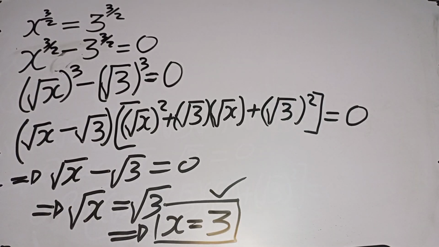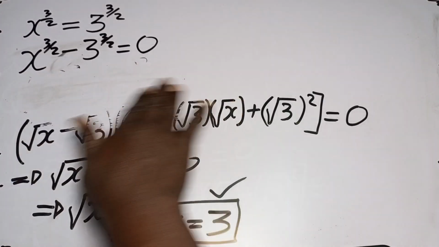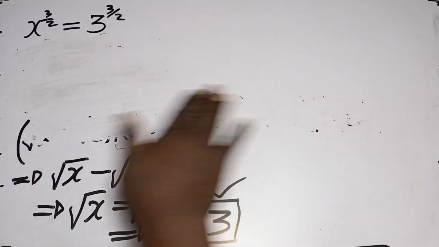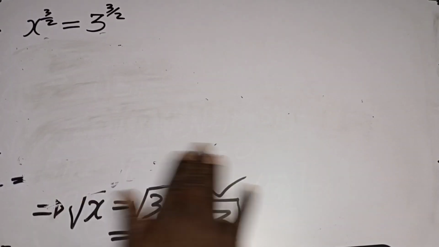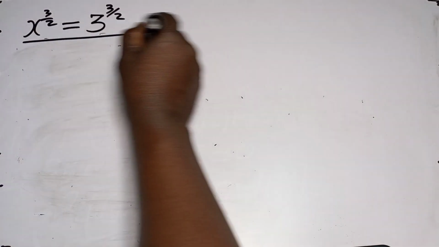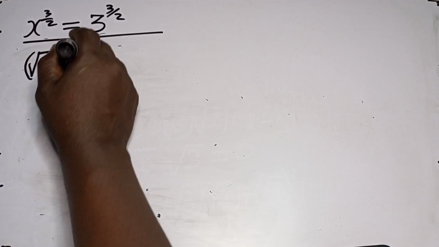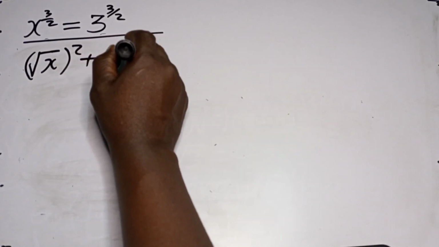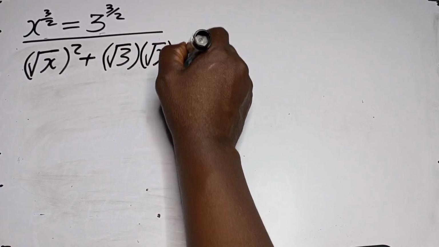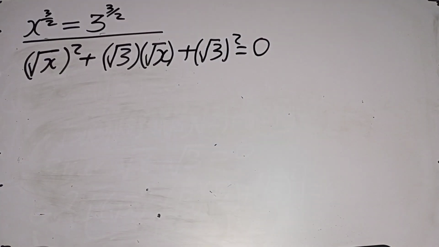Now let's make space for that solution. We have now the other expression, which is root x squared plus root 3 root x plus root 3 squared equals 0 to solve.